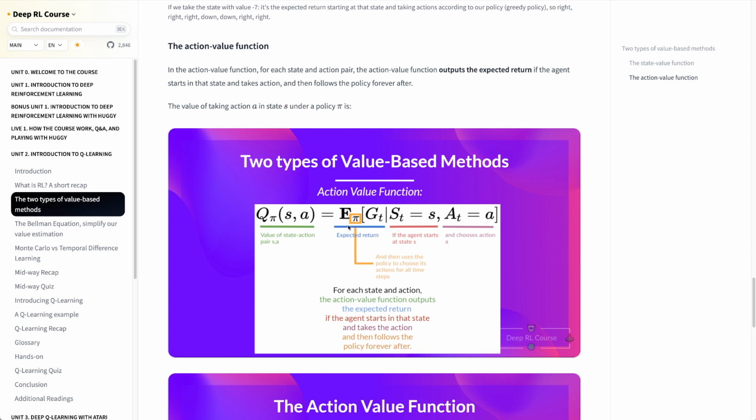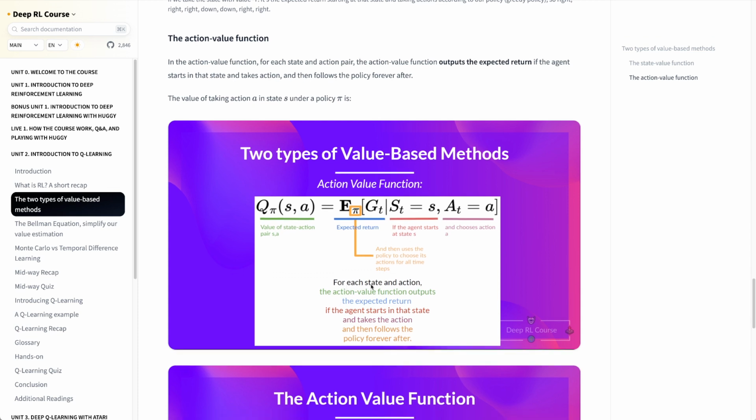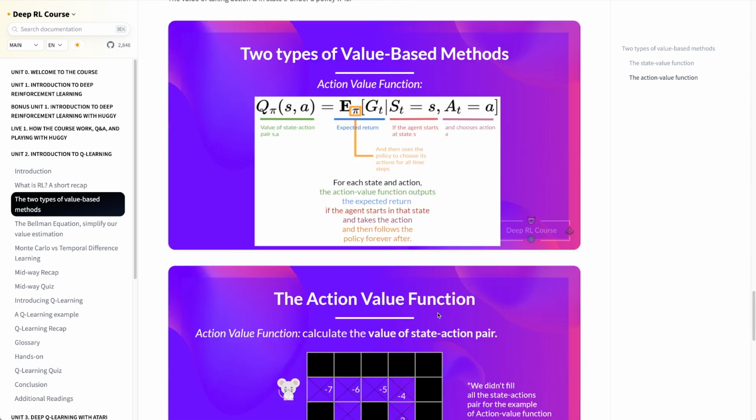This is the expected return of this pi, given the agent starts at this S and chooses this action A. So for each state and action, the action value function outputs the expected return if this agent starts in that state and takes the action and then follows the policy forever after.